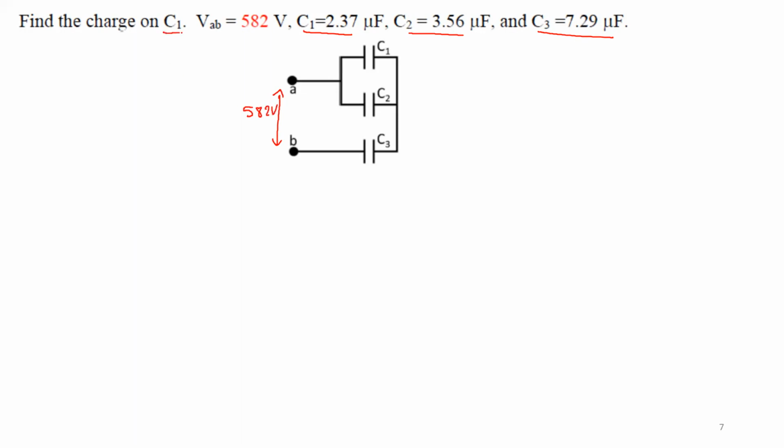Now the question is find the charge on C1. Find Q1 here. Of course, I can ask you find Q2 as well and find Q3. I can also ask you find V1, V2, and V3. But once you get one, you can get all the others. Okay. Now, how do you solve this problem?